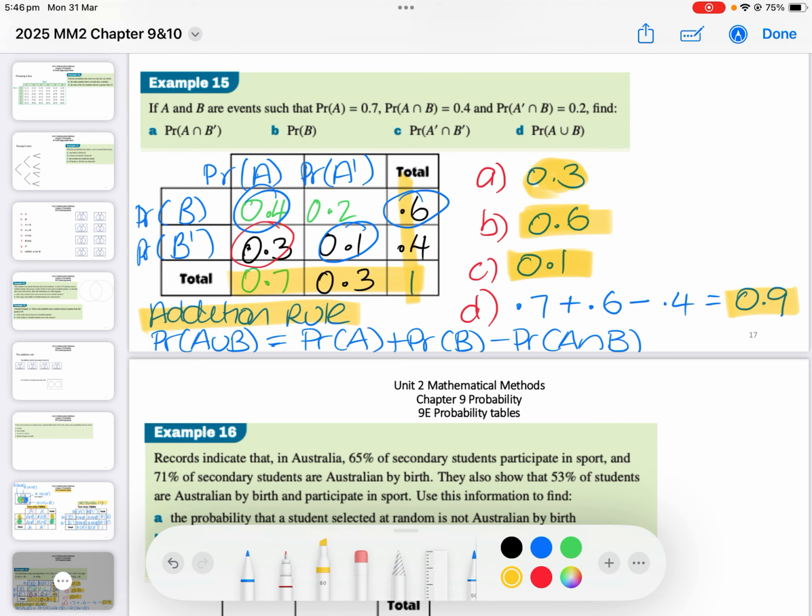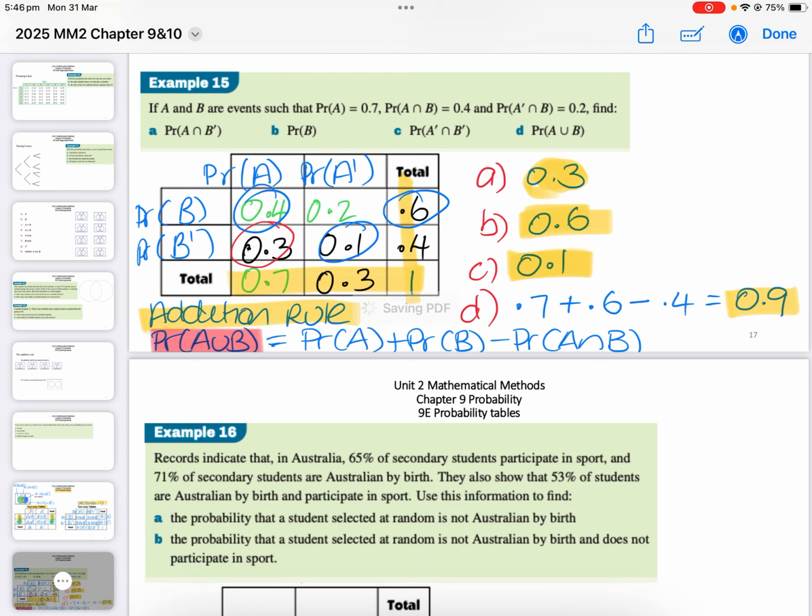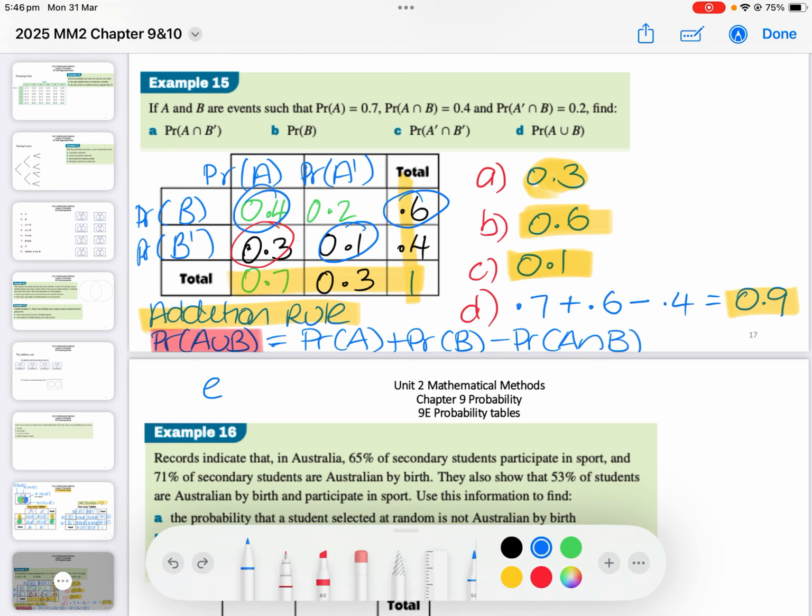But I'm going to show you another way. I think of the probability of A union B as everything except for A dashed intersect B dashed. Why? I'm going to show you.